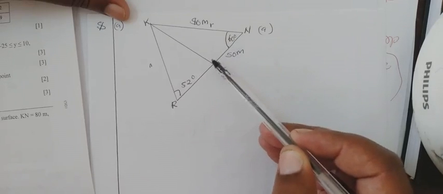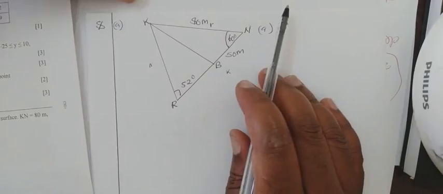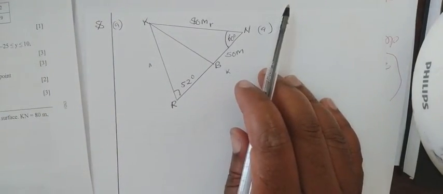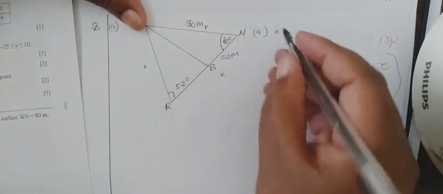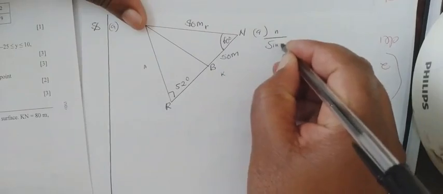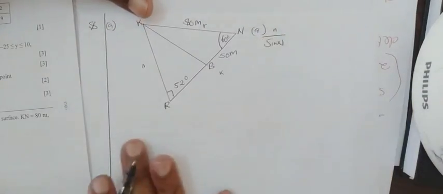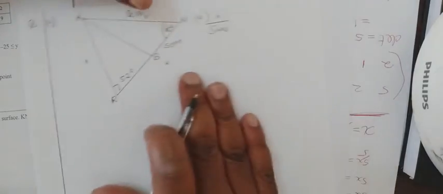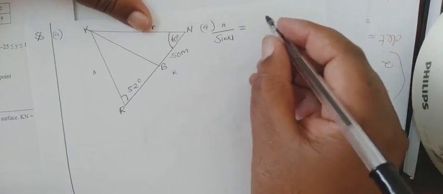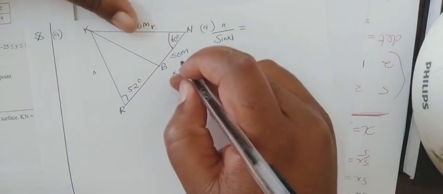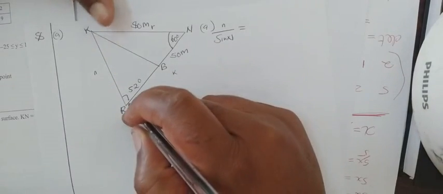then we're going to apply the sine law. In this case I'll say n over sine N, the answer should be equal to r over sine R. I can't use k because I don't have a full side and the angle.